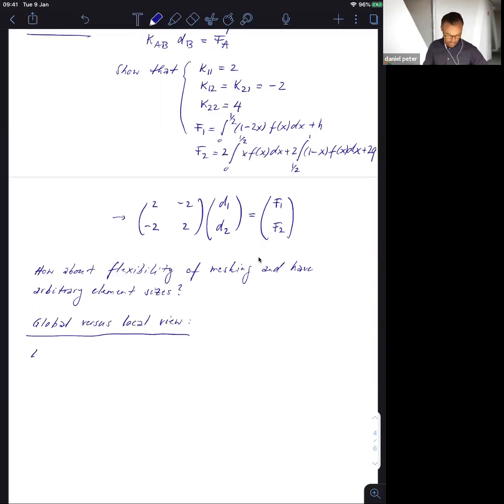So let us introduce the linear finite elements in which the problem is solved.